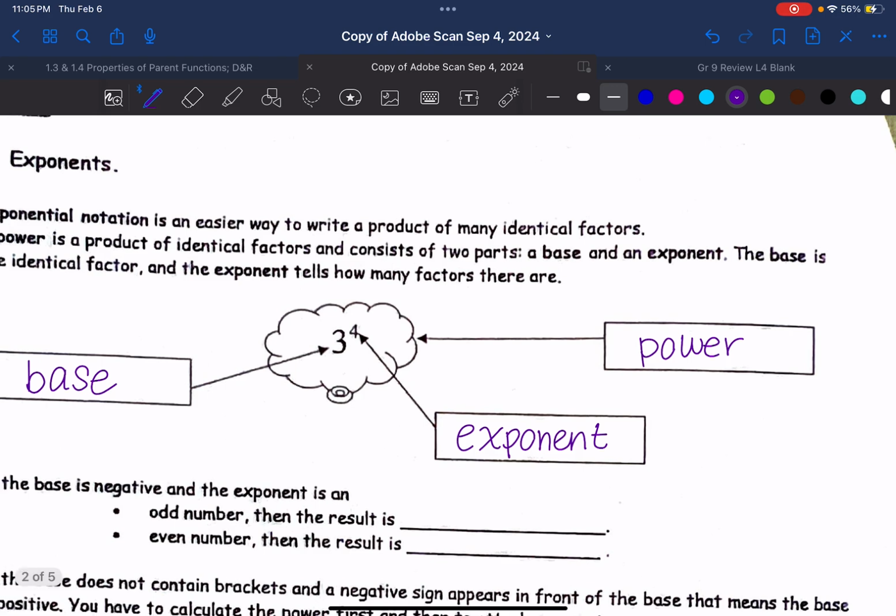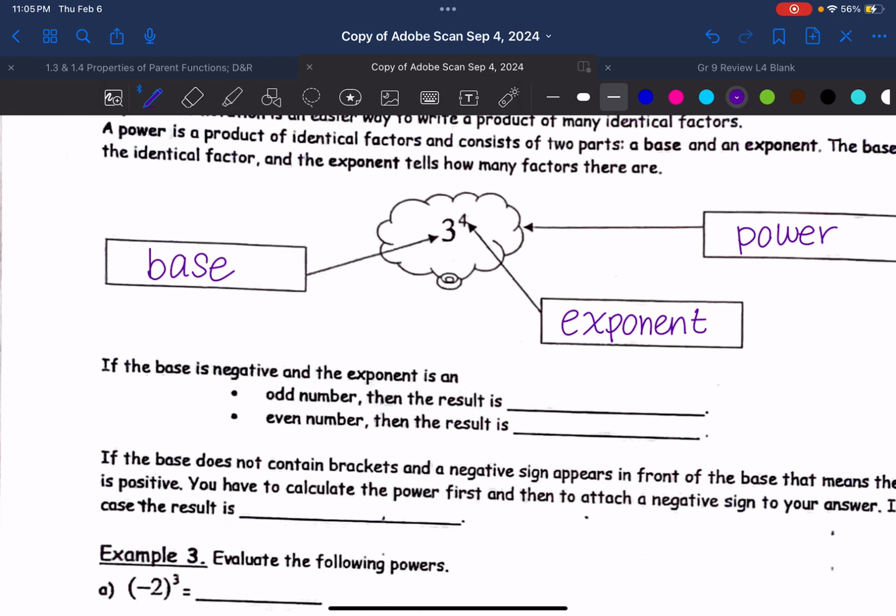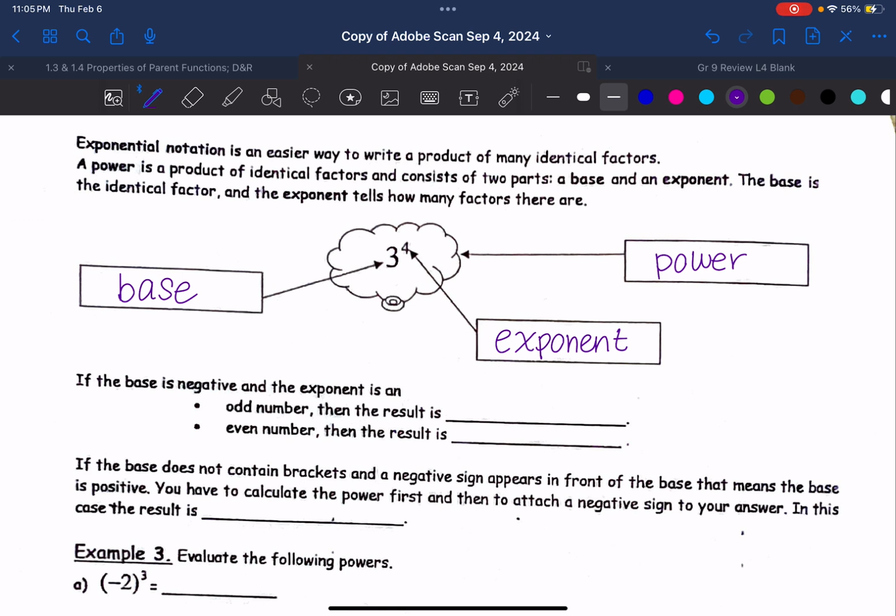That is the description. And there are some rules, especially when we're working with negative bases, because that will change our answer depending on the value of the exponent. So for example, we said if we've got a negative base and the exponent is an odd number, meaning it could be like 1, 3, 5, 7, 9, then our result overall is going to be a negative number.